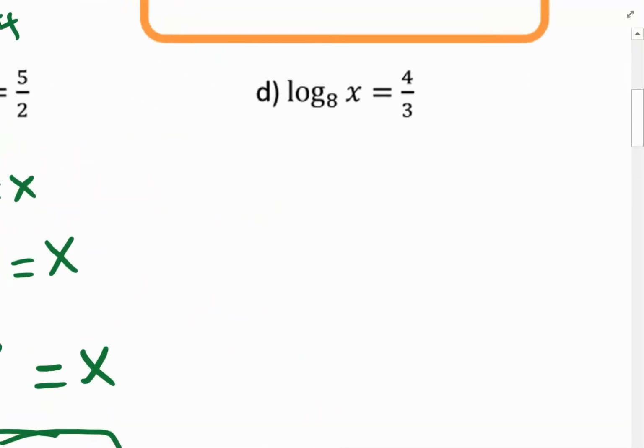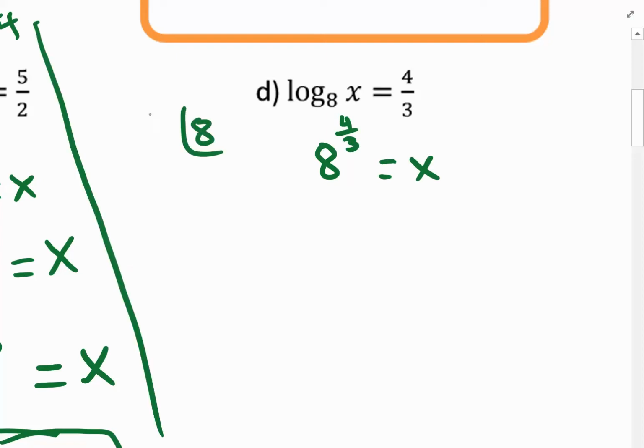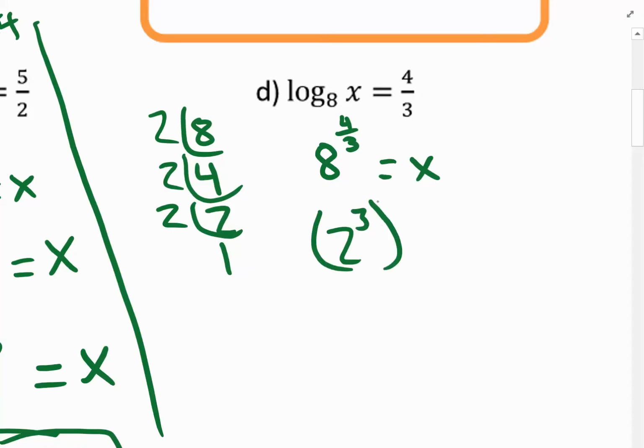Next one, same thing. First, last, middle, hedge the 8. 8 divided by 2 is 4. 4 divided by 2 is 2. 2 divided by 2 is 1. So I get 2 to the 3rd to the 4/3.